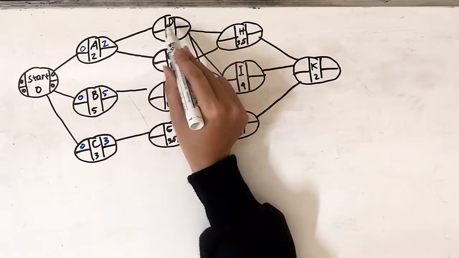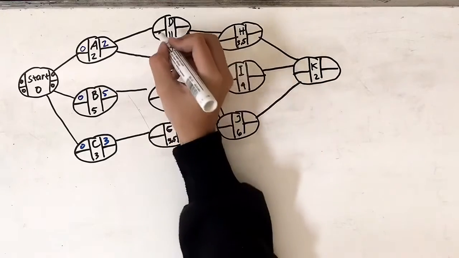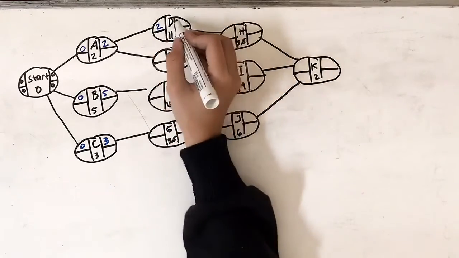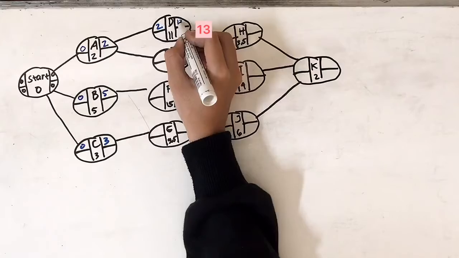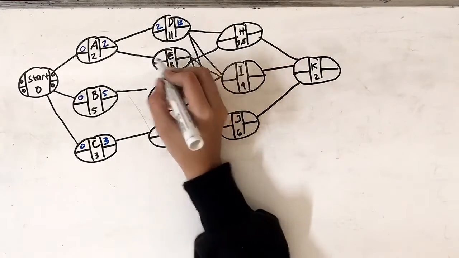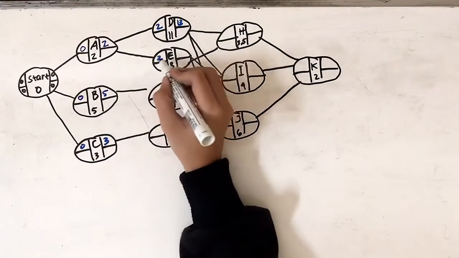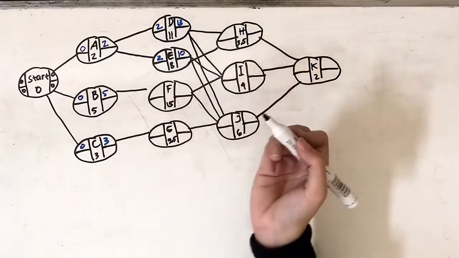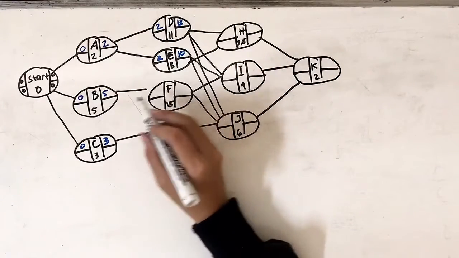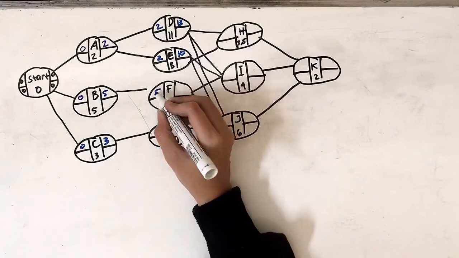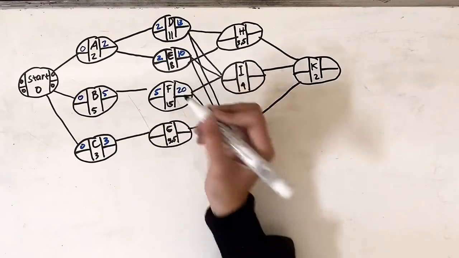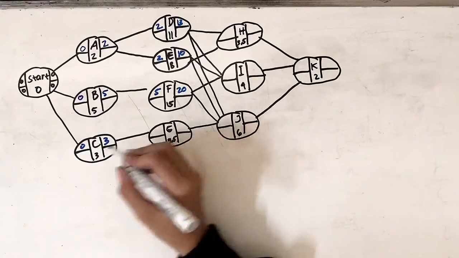Move to activity D. Its earliest start is 2 weeks, which is the earliest finish of activity A, and the earliest finish is 2 plus 11, 13. And then for activity E, its earliest start is 2 weeks, and earliest finish is 2 plus 8. Repeat the same step for activity F and G because it has the same pattern, you know.